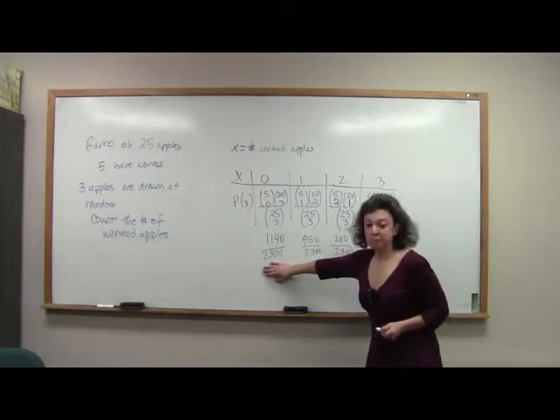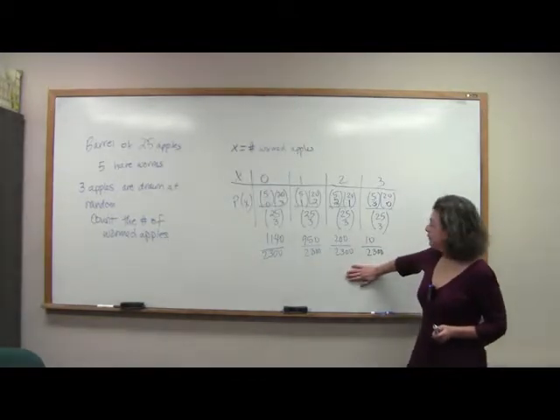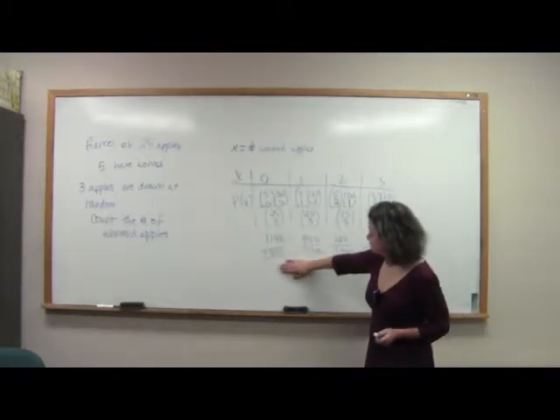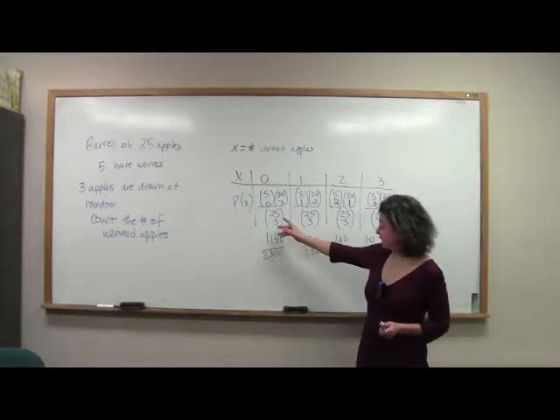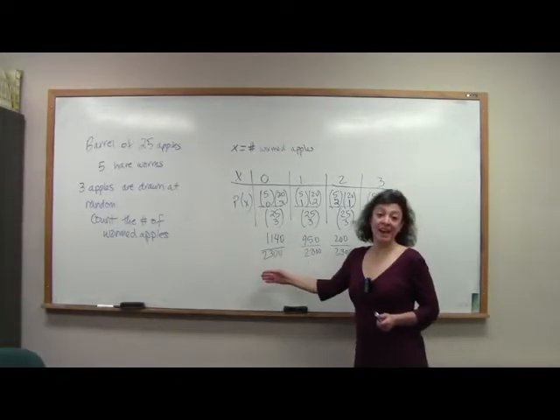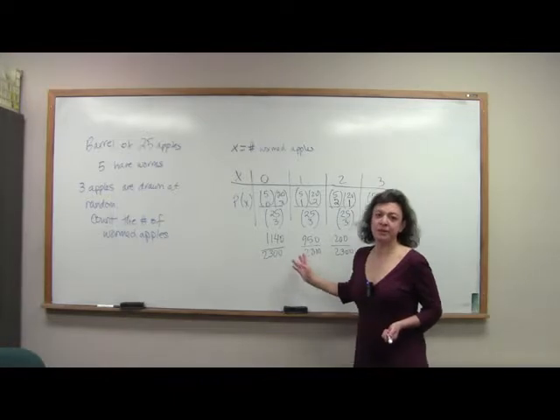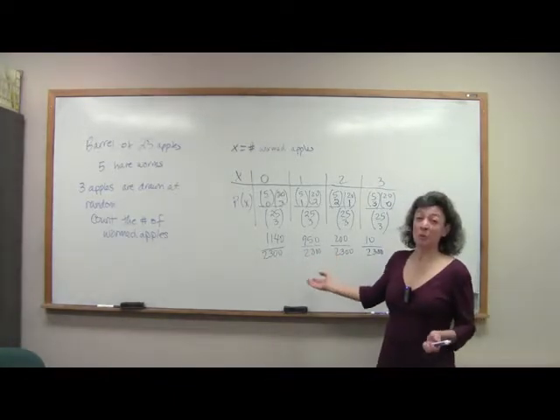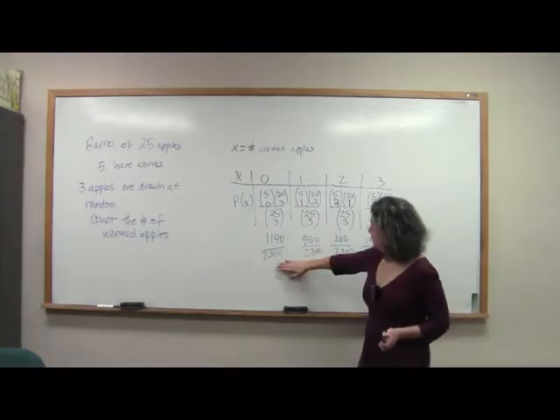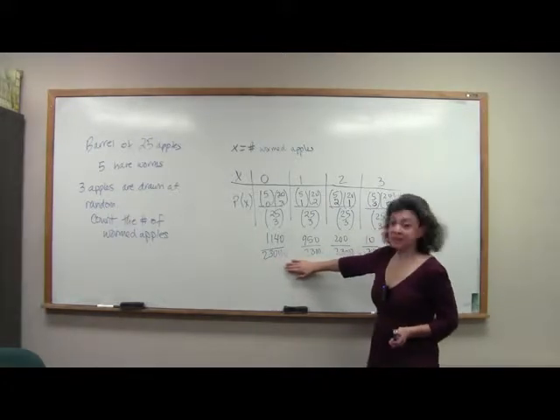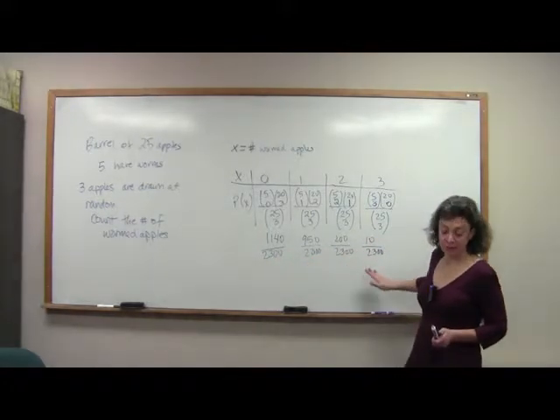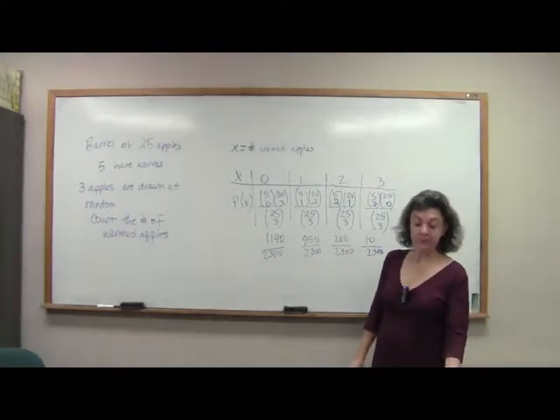Okay, so for example, one of the things that I'm going to read off here is, wow, it's really a lot more likely that we're not going to get any, and we're going to kind of max out at perhaps 1 wormed apple here. If you look at the probabilities, these probabilities are much higher than what we have over here.